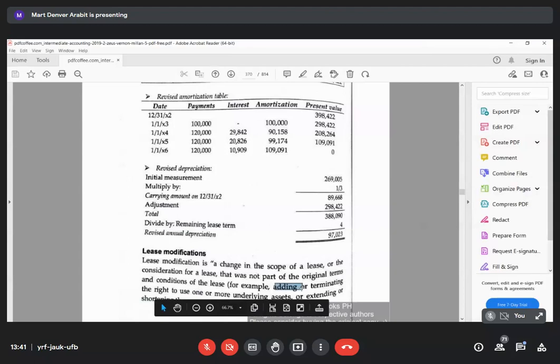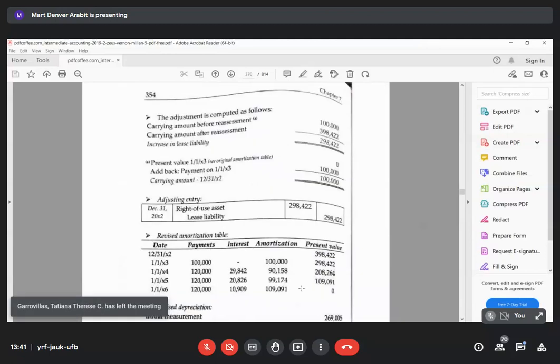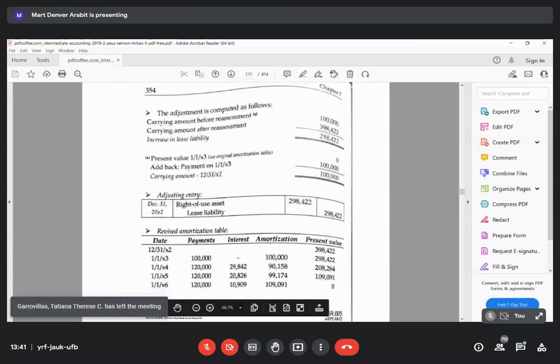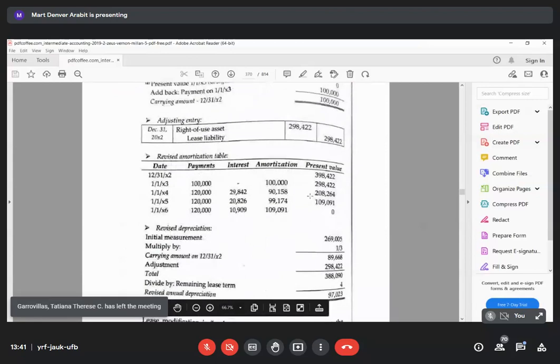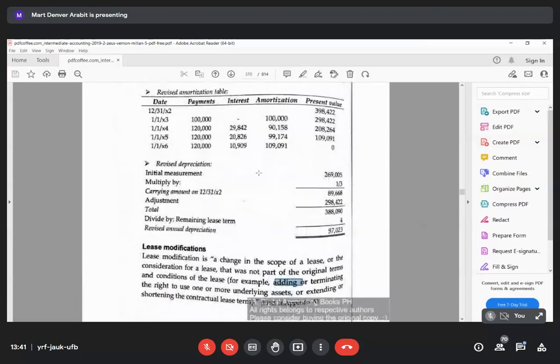For reassessment, pwede lang natin galawin is yung mga nasa contract lang like amortization years, lease term, assessment or extension of the lease. However, in lease modification, we are modifying the lease itself, hindi lang yung terms. So that's why yun yung difference ni lease modification kay reassessment.